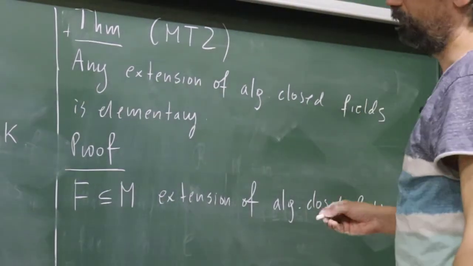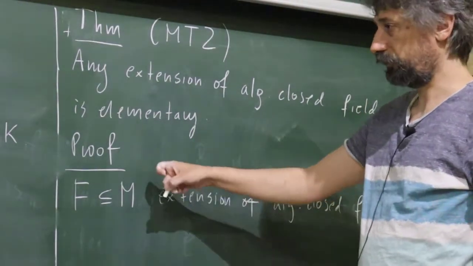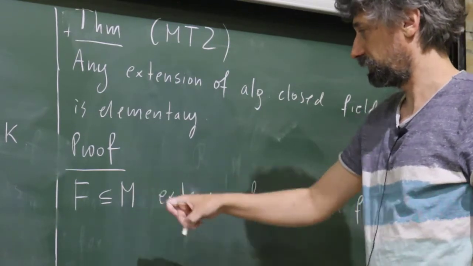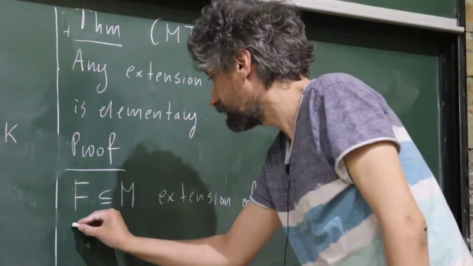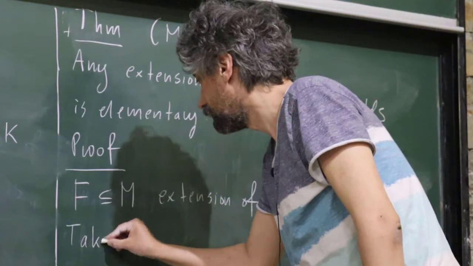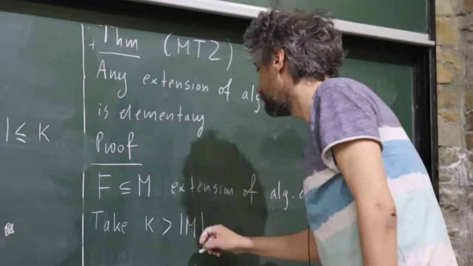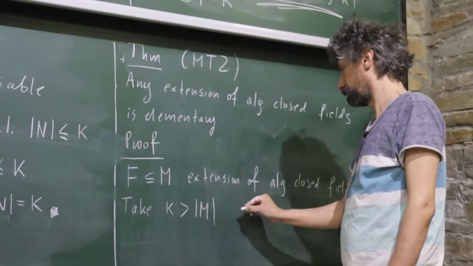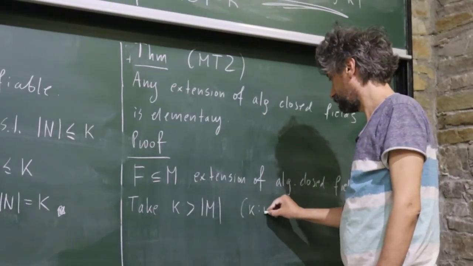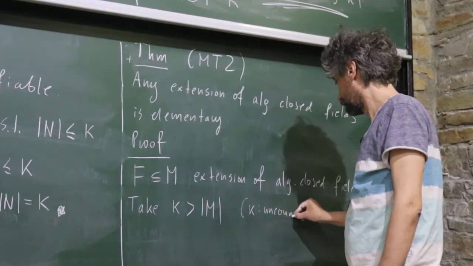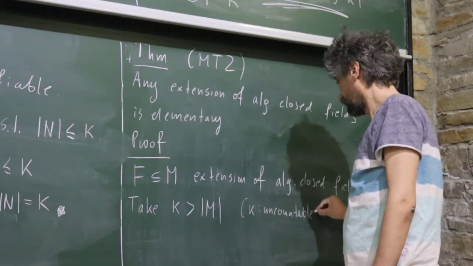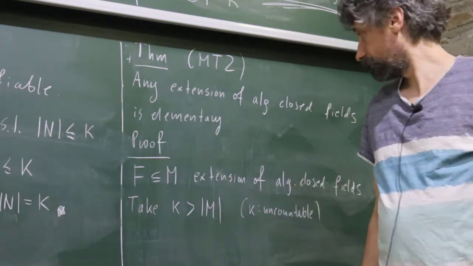Now we take kappa. Of course I don't distinguish between universe and fields. So take kappa greater than this. In particular, kappa must be uncountable, because algebraically closed fields are infinite.